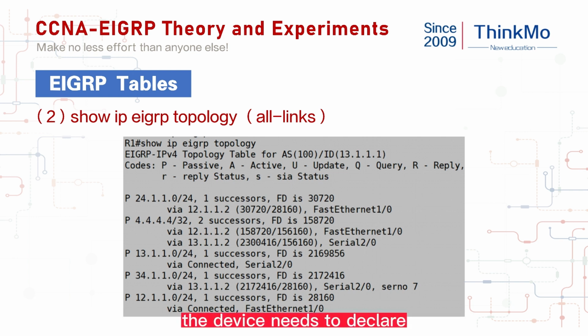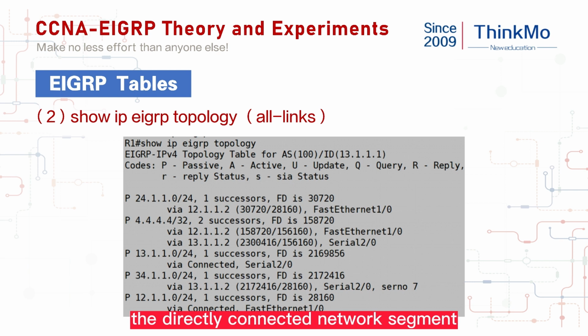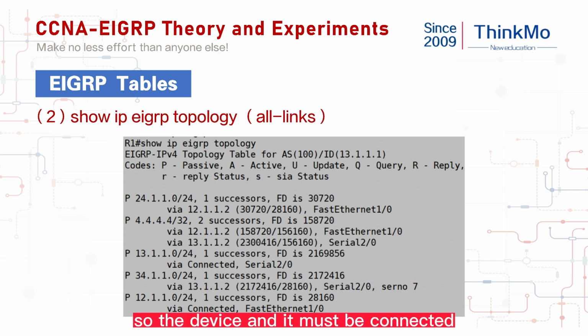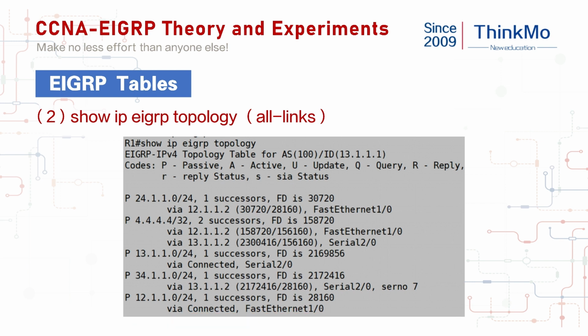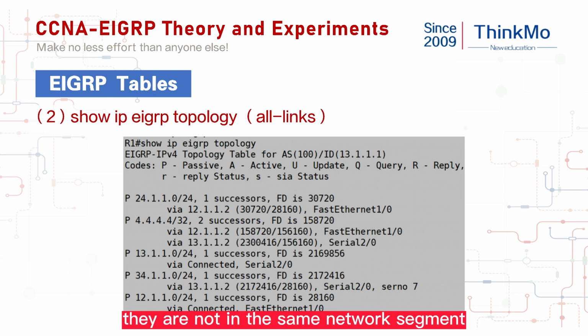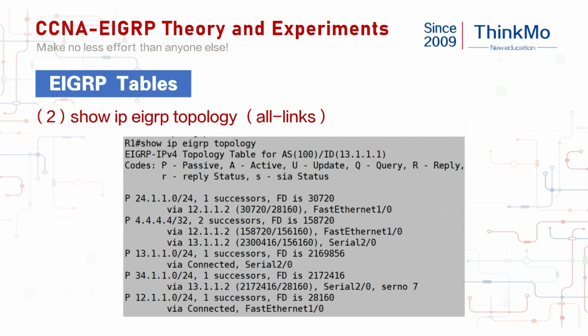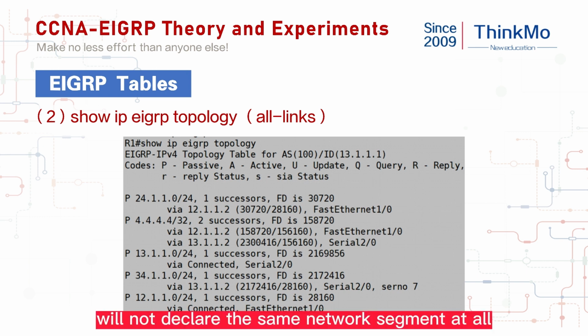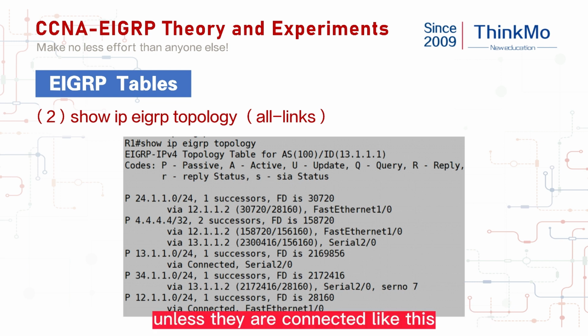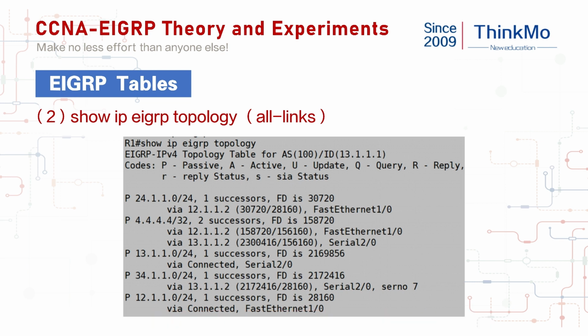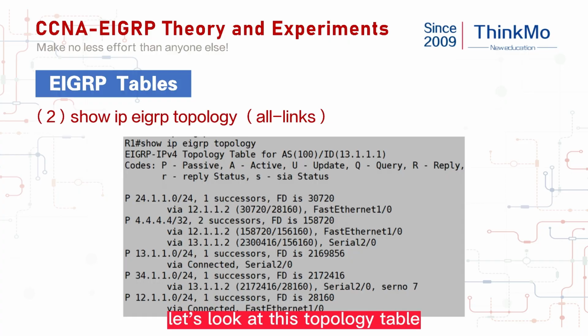The device needs to declare the directly connected network segment between it and its neighbors, so the device and its neighbor must be connected. Otherwise, they are not in the same network segment, and there is no way they can be built like this. If they cross network segments, the two of them will not declare the same network segment at all, unless they are connected like this. Let's look at this topology table.